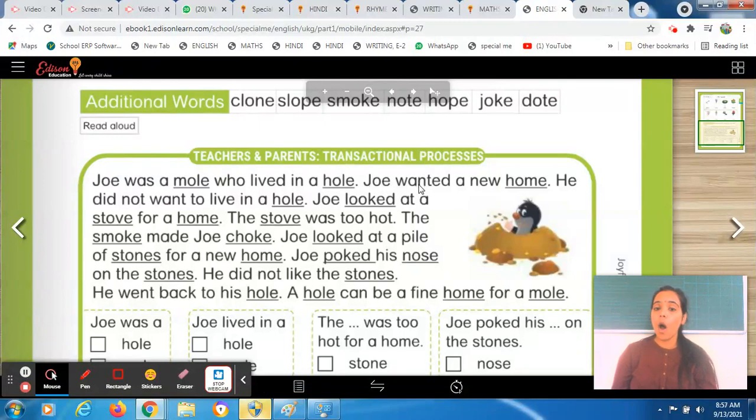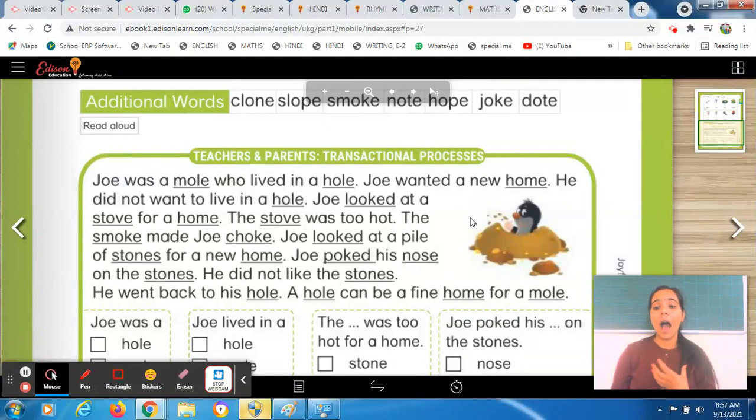Joey wanted a new home. So the animal wanted a new home. What did he want? He wanted a new home. Earlier he was living in a hole, but he wants a new home.